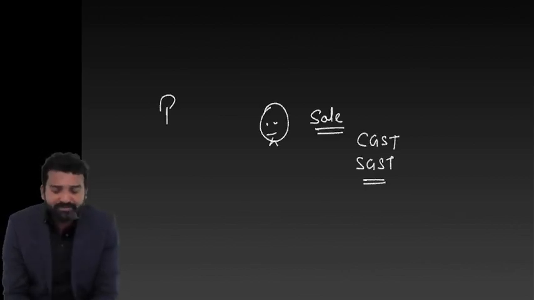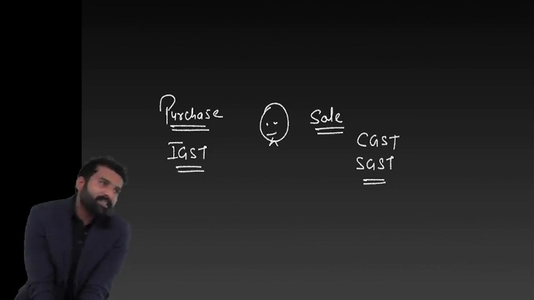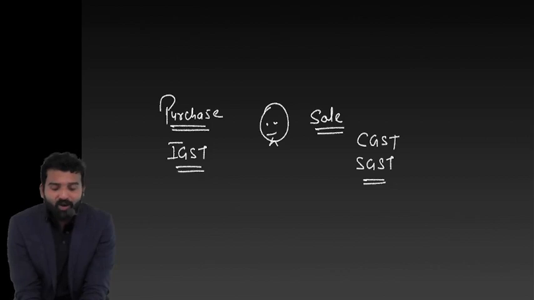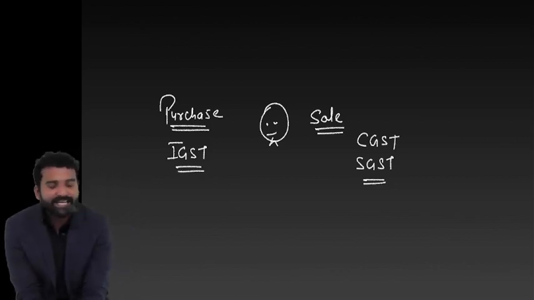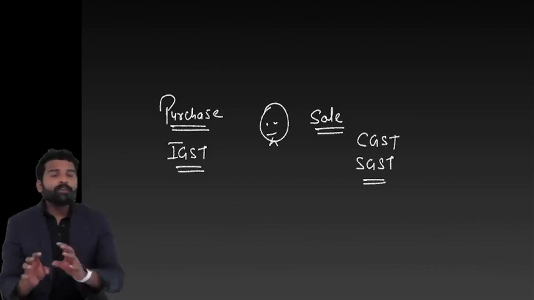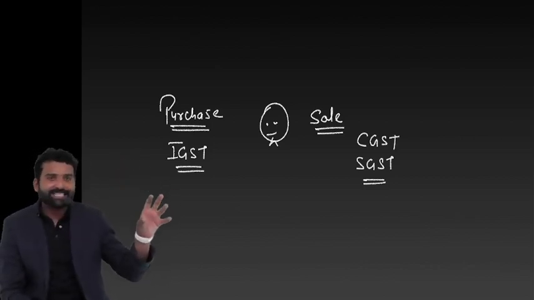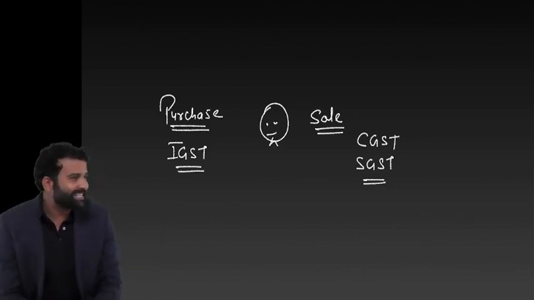The problem is when the goods are purchased from the outside state and sold locally. I am purchasing the goods from the outside state and selling them locally. I am paying IGST, but my output liability is CGST and SGST.